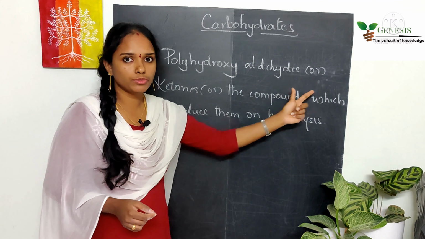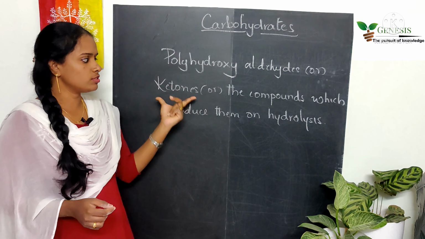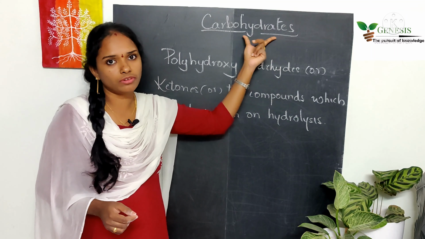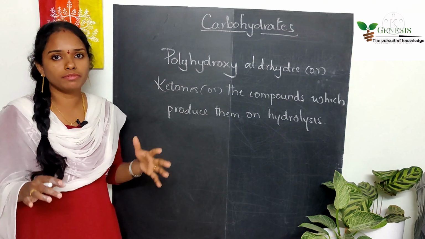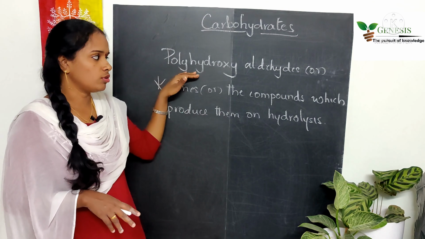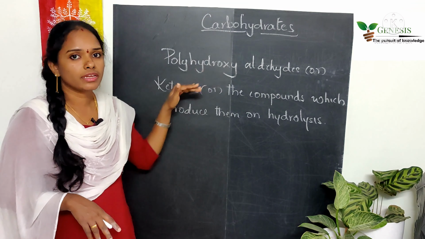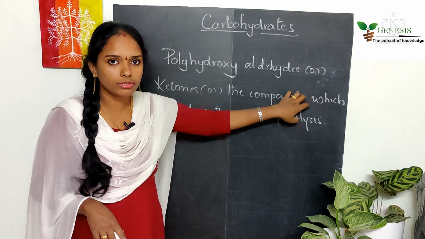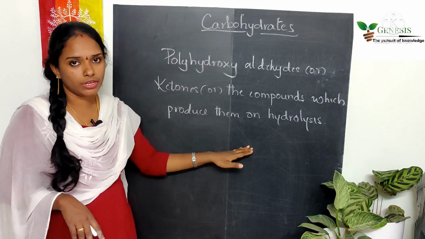Or the compounds which produce these compounds on hydrolysis are also called carbohydrates. So simply we can define carbohydrates as polyhydroxy aldehydes or ketones, or the compounds which produce them on hydrolysis.